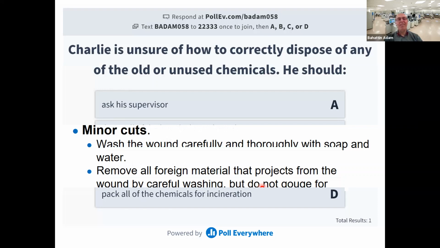Ask his supervisor, dump all of the liquids down the sink while running water, consult the safety data sheets, or pack all of the chemicals for incineration.